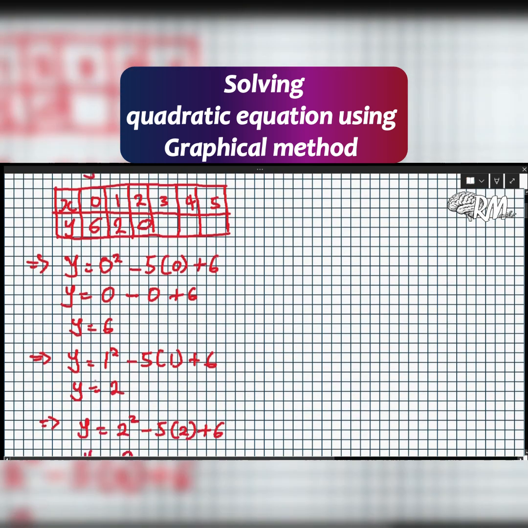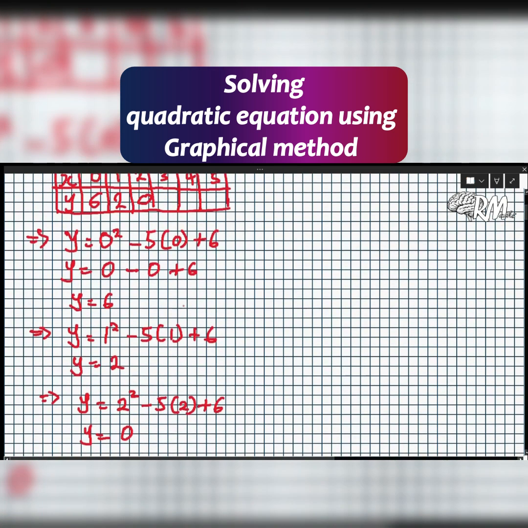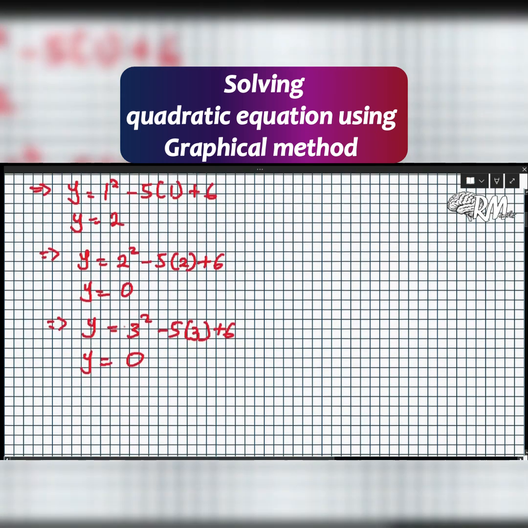So we'll go to the next one when x is 3. So I have y equals 3 squared minus 5 times 3 plus 6, and our answer gives us 0. So I'll put 0. I'll go to the next one when x is 4. So I have y equals 4 squared minus 5 times 4 plus 6, and my answer here is 2.